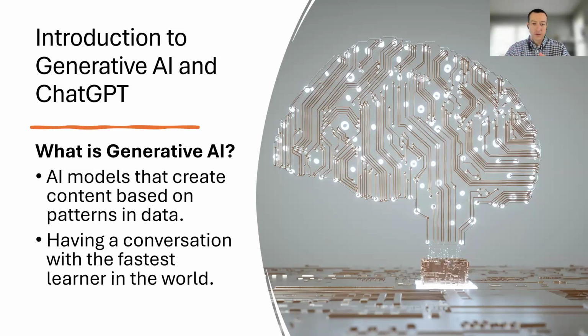And I like to think of that as what we're doing with generative AI, but the person, so to speak, on the other side of that screen is no longer a human person. It's this generative AI tool. It's a tool like ChatGPT. It's these large language models. And that person is the fastest learner in the world. And we get to have a conversation with the fastest learner in the world.